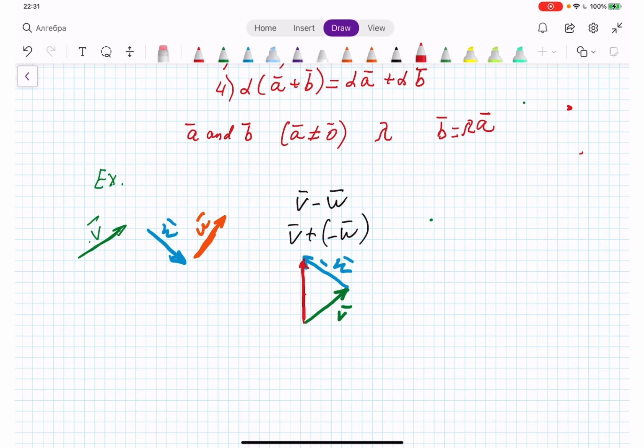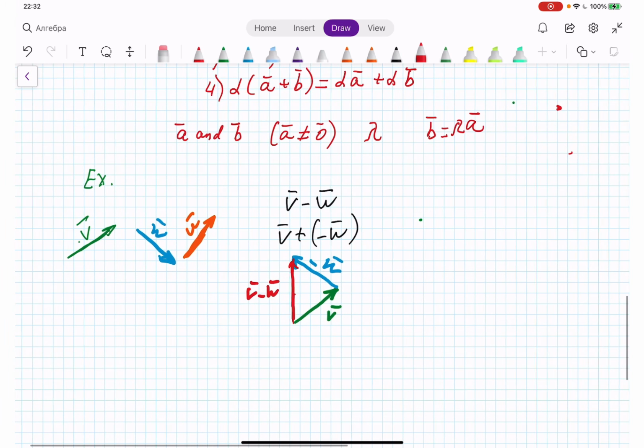So this is going to be V minus W. Okay, this is the first case.